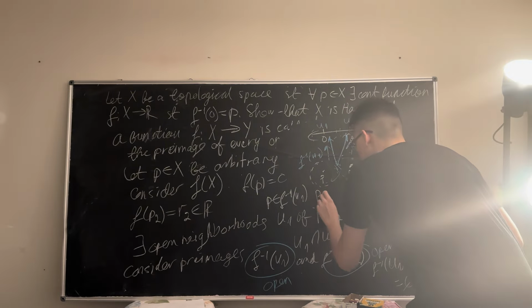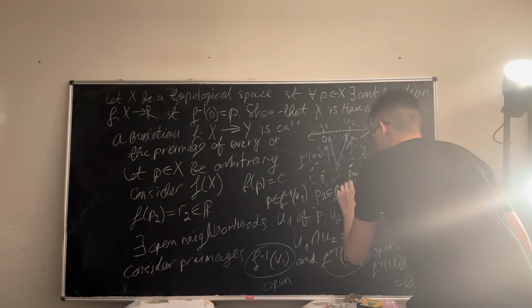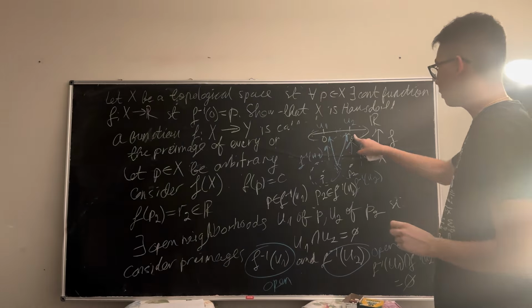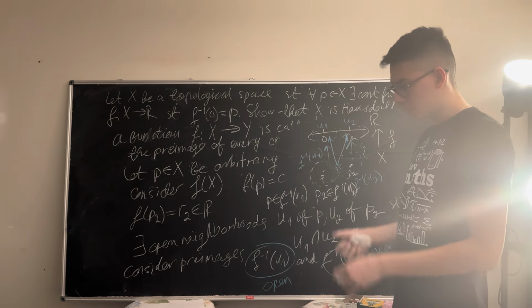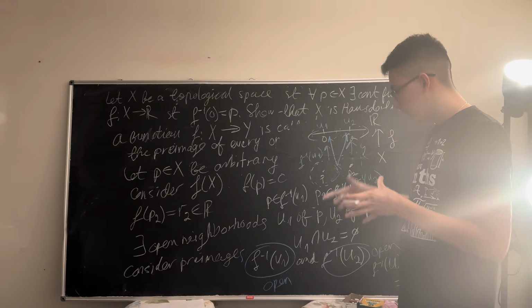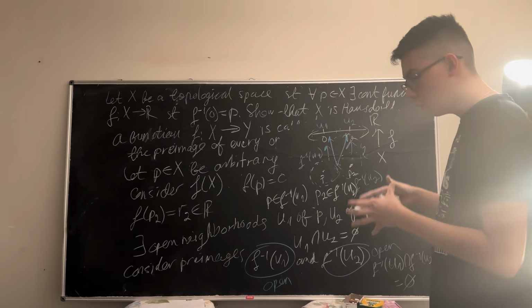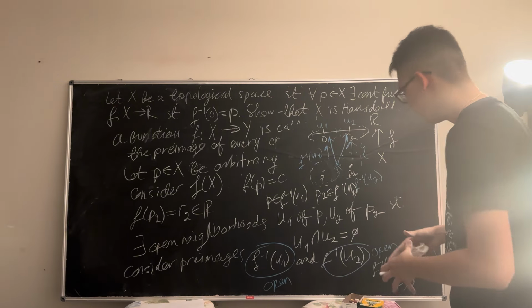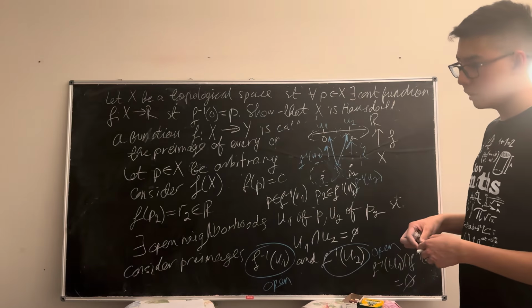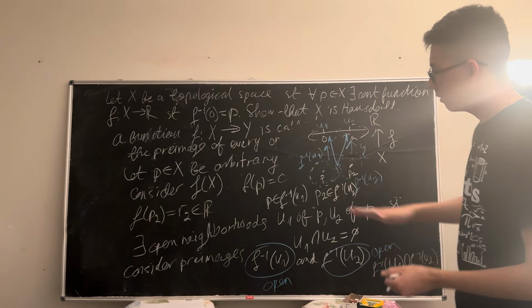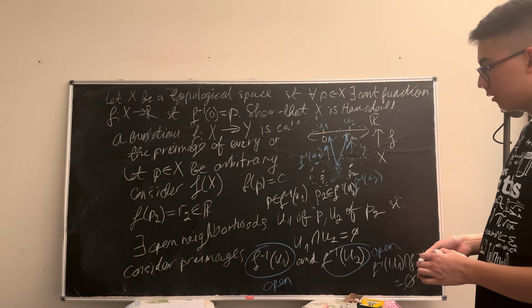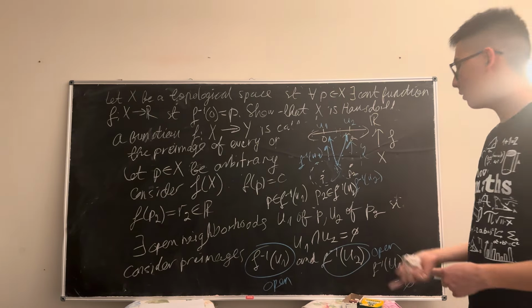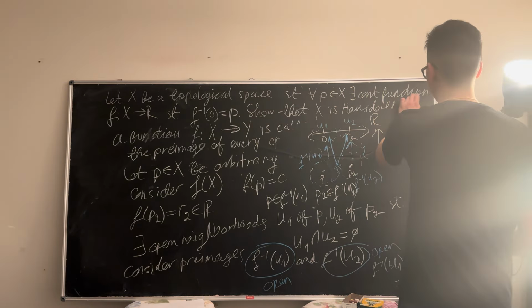And p2 belongs to f inverse of U2 because r2 is contained in U2. So what we've done is we created an open neighborhood around p and an open neighborhood around p2 that are disjoint, which means, since p and p2 are arbitrary, this proves that X is a Hausdorff space.